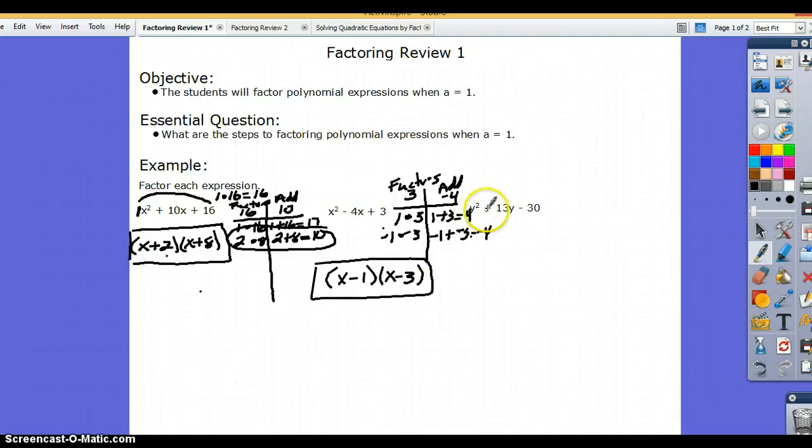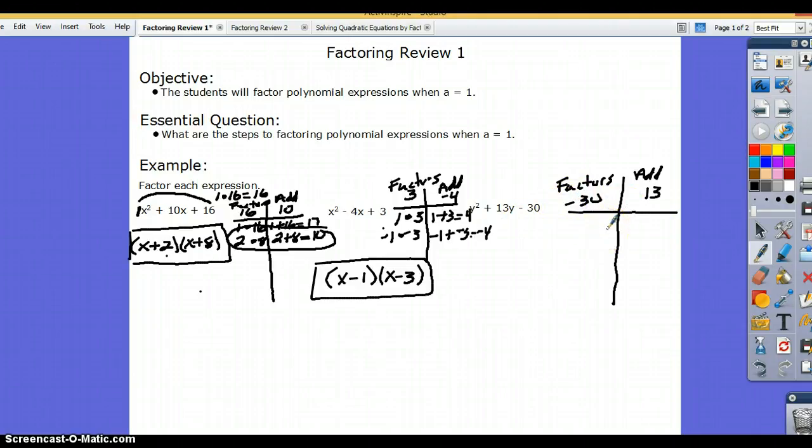Alright, so we got y squared plus 13y minus 30. So we need factors of negative 30 that are going to add to positive 13. That's what we're looking for here. Now, since this is negative, that means one has to be positive, one has to be negative.